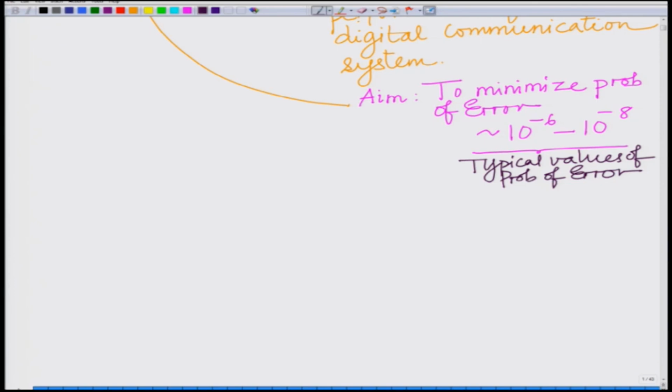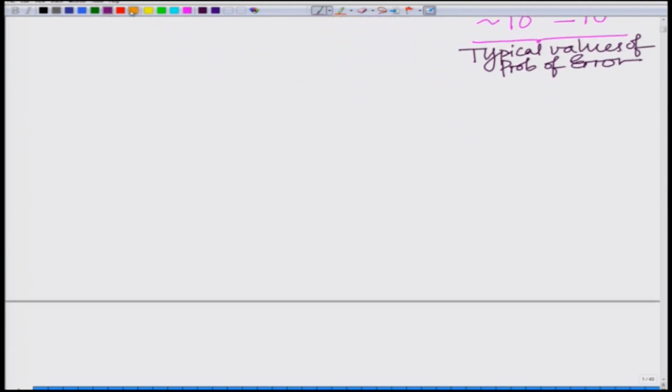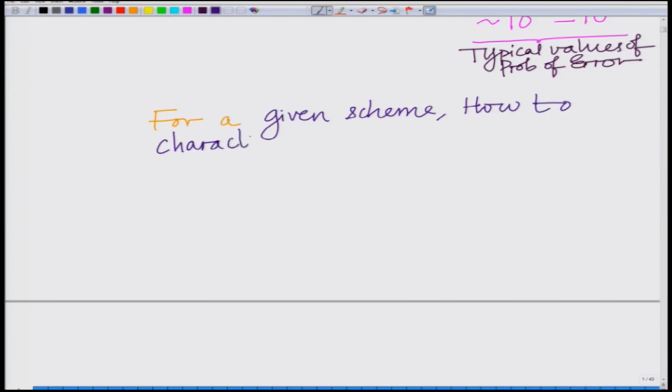Now, how do we characterize the probability of error? That is the next question. How do we measure it for a given scheme?